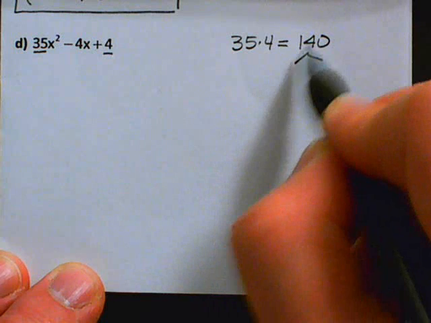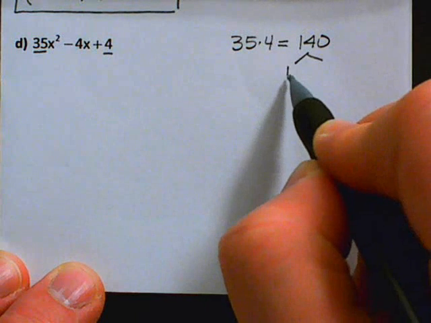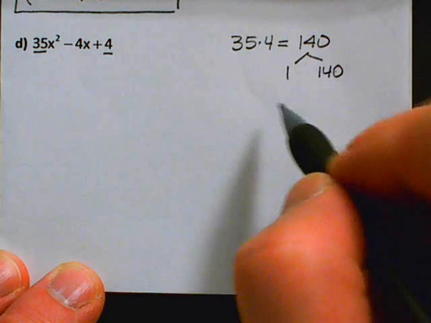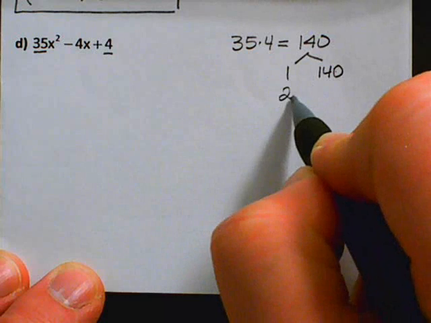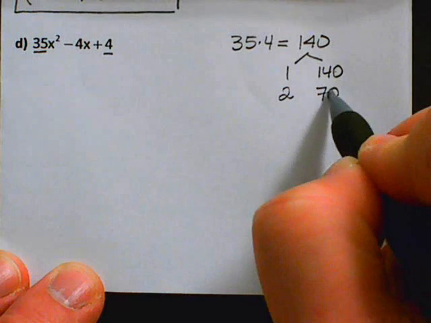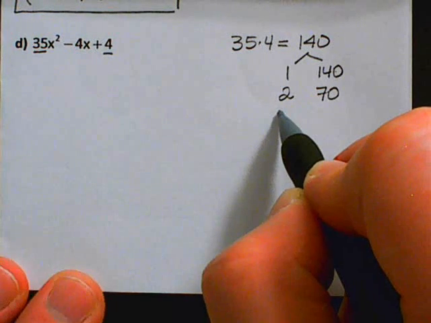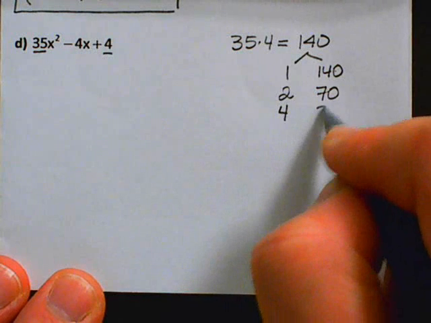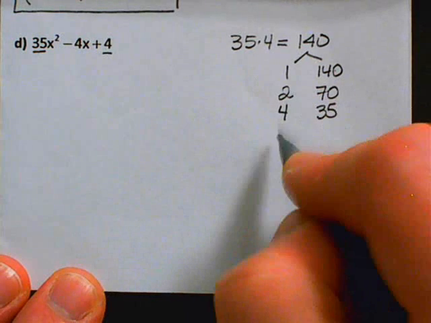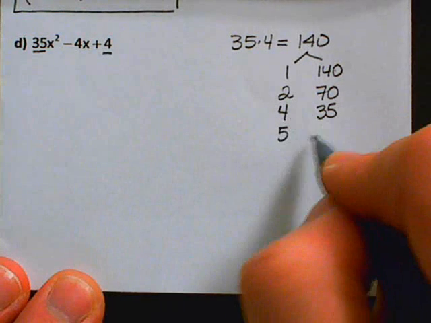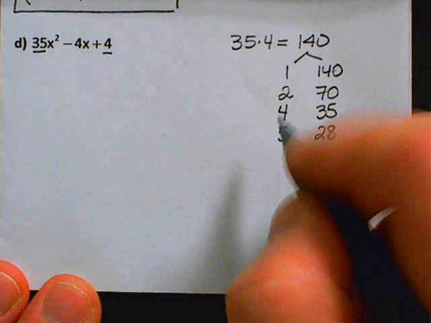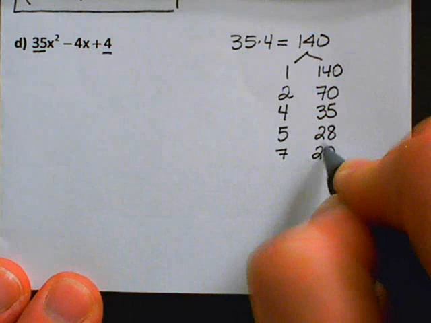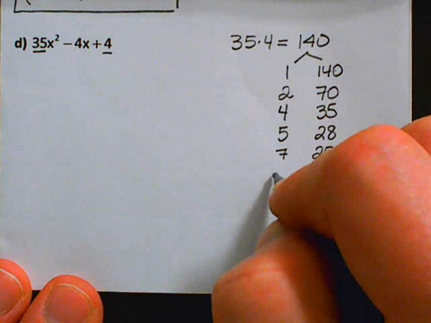Then you can either use a calculator or do it in your head. 140 divided by 1 is 140. Or in other words, 1 goes into 140 times. 2 and 70. 3 does not go into 140. 4 would be 35. 5 and 28. 7 and 20.